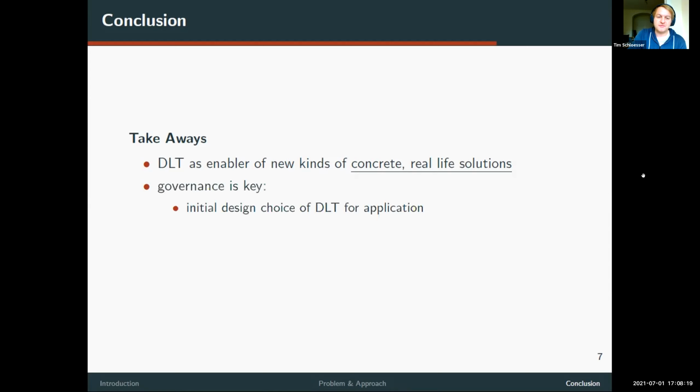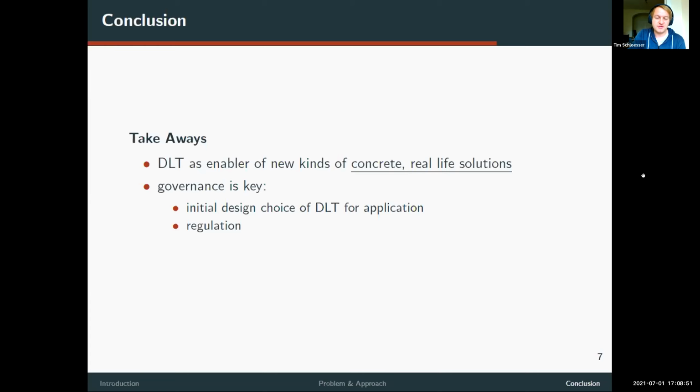What we also figured out is that if you want to use a DLT for your application case, even if it might be limited, it's critical to choose the right technology, for example one where you have smart contracts on top, or other technological features. We will say more on that in our paper if you're interested.